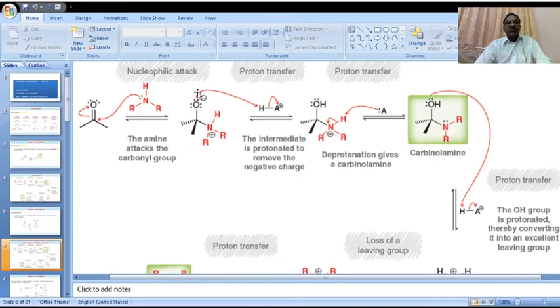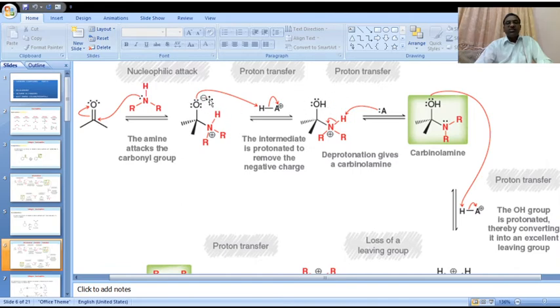From this, proton transfer with the use of acid. Here, the negatively charged oxygen is protonated to remove the negative charge. It is converted into a normal hydroxy function.